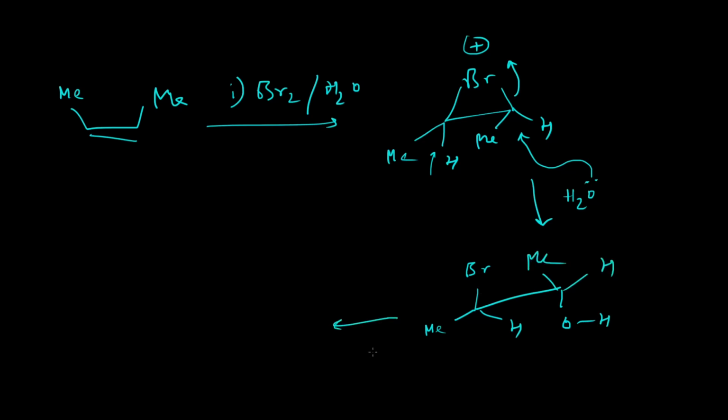After that, if we react this molecule with a base, in most cases sodium hydroxide, then the hydroxide will abstract this OH proton and the bonding electron pair will attack from the backside of the carbon-bromine bond, thereby forming an epoxide.